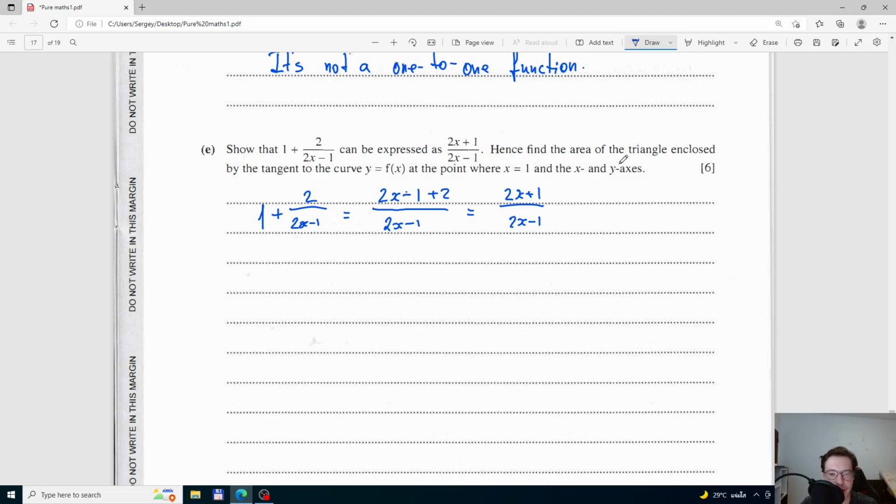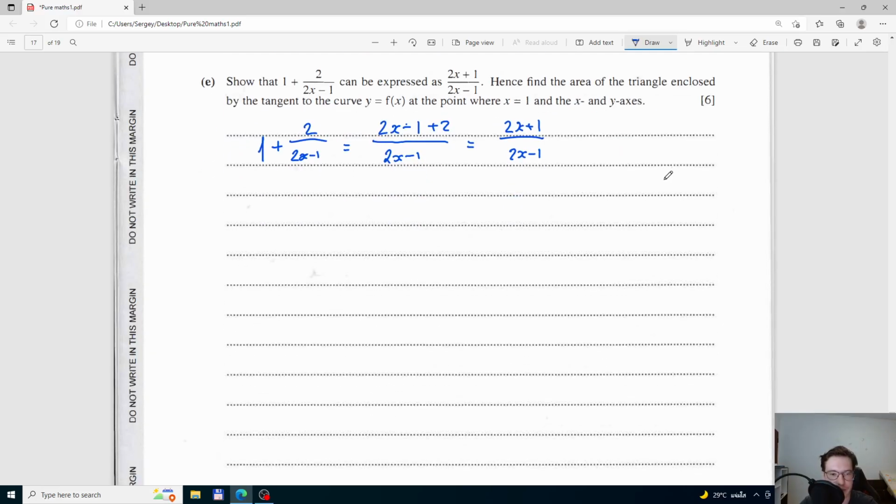Okay, hence find the area of the triangle enclosed by the tangent to the curve at the point where x equals 1. Okay, so that means I will have to find the equation of the tangent. Now, tangent is a straight line, so y equals mx plus c.